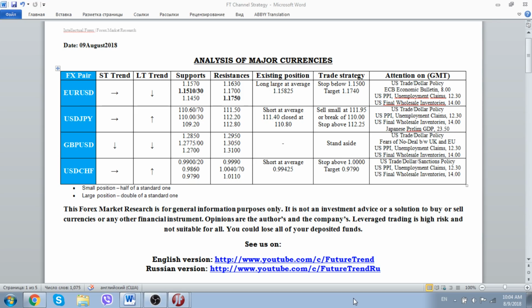For the date of 9 August 2018, we start our everyday analysis of major currencies. And today, the market will concentrate its attention around the starting talks on trading themes between Japan and the United States. As you know, the United States is still conducting its policy of higher tariffs on imported foreign goods.